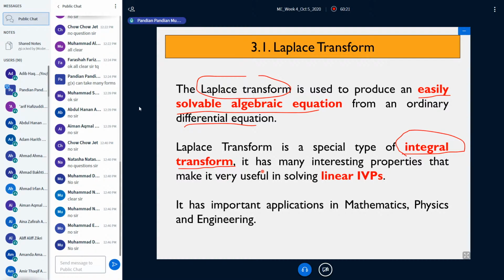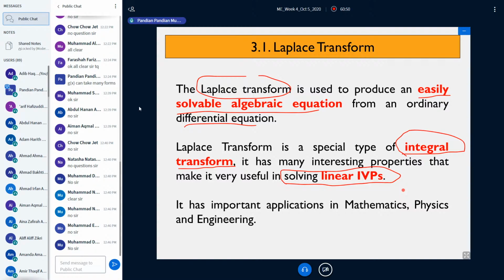This Laplace transform is a special type of integral transform. It has many interesting properties that make it very useful in solving linear IVPs. This is the most important part. IVPs stand for initial value problems. Write it down. We already saw this in the beginning of, I think, the second chapter.